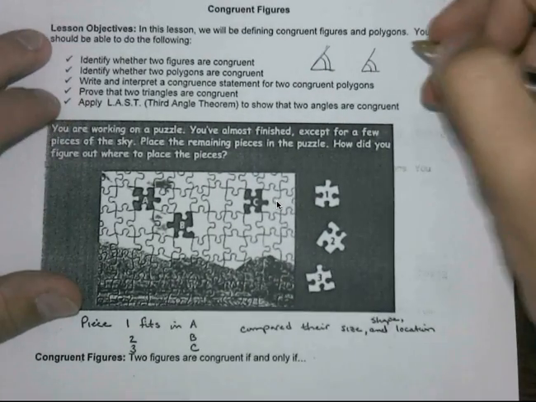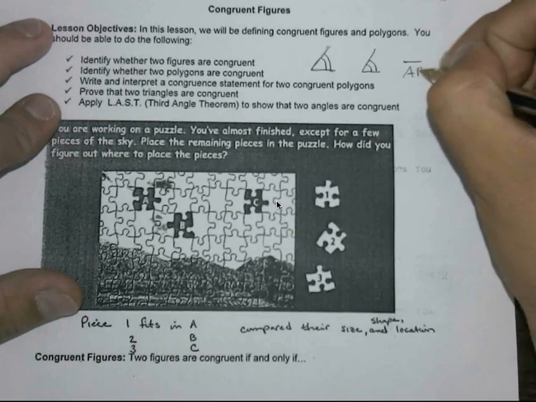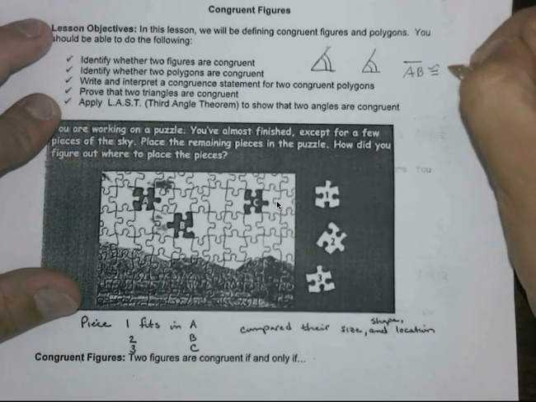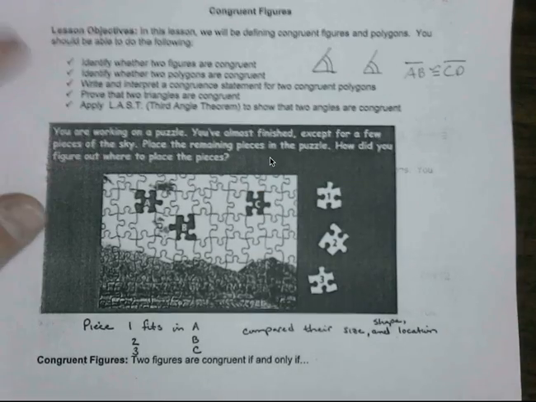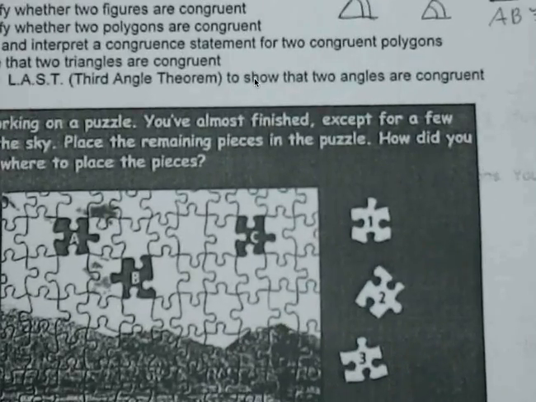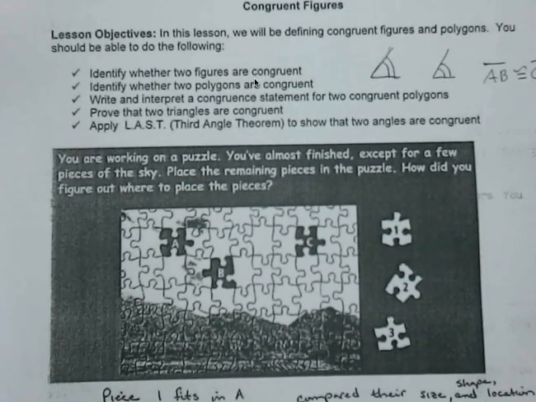Sometimes we can denote figures like segments, like AB being congruent to CD. So we showed this already with segments, but now we'll see how we can classify a figure as being congruent or a polygon as being congruent.